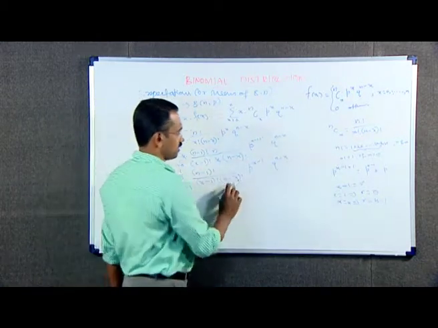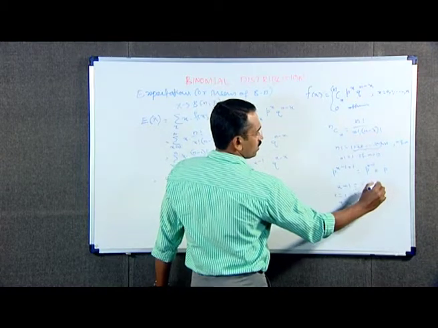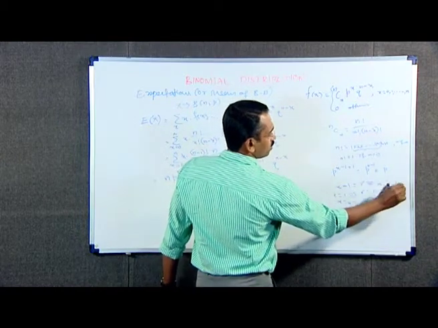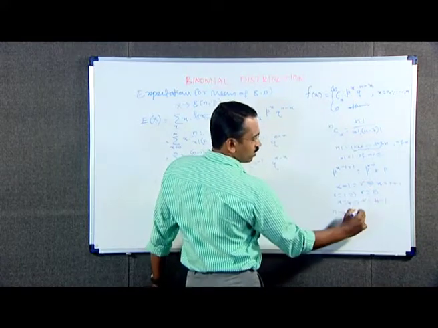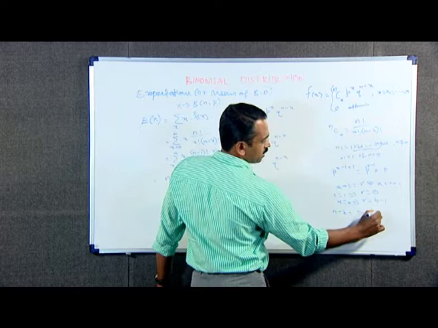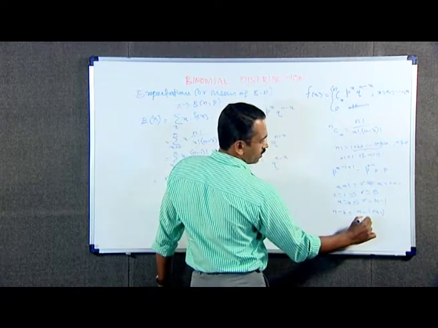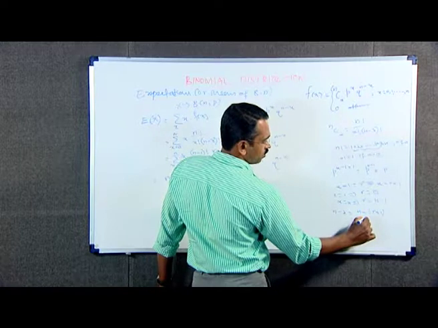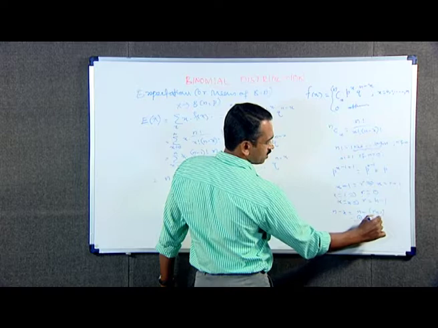Here x minus 1 equal to r gives x equal to r plus 1. Therefore, n minus x is equal to n minus r plus 1, that is n minus 1 plus r, sorry, n minus 1 minus r.